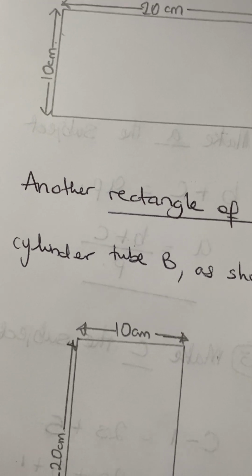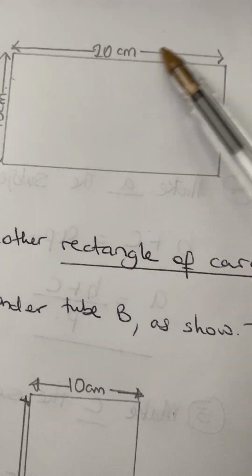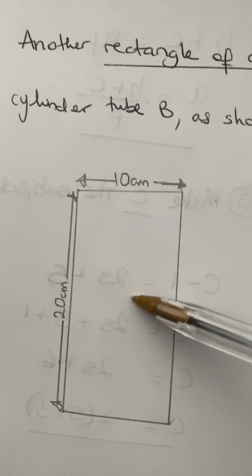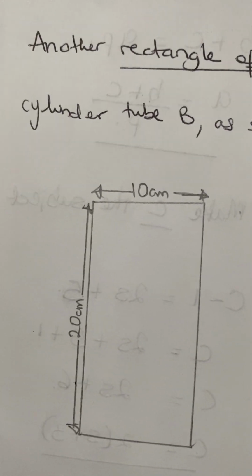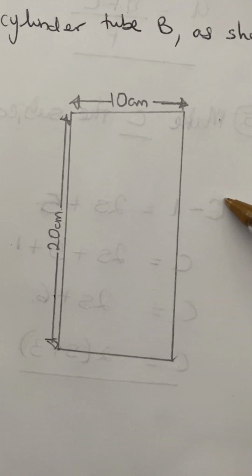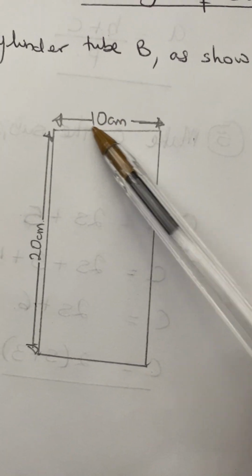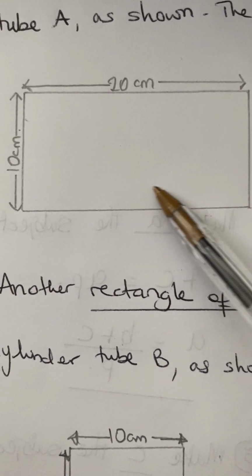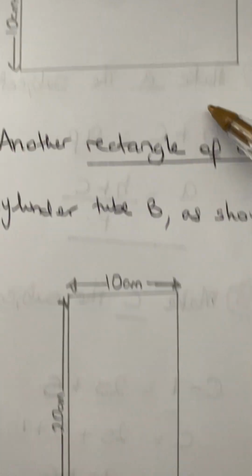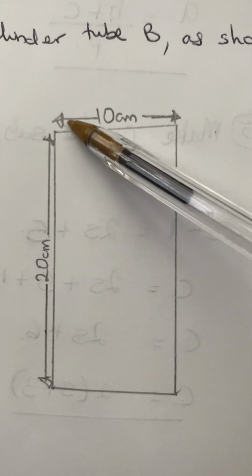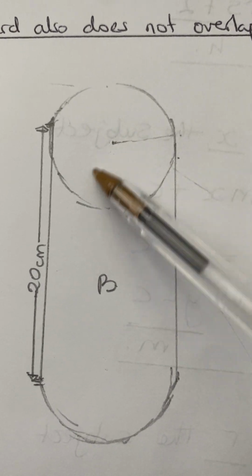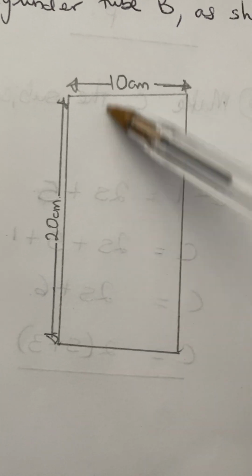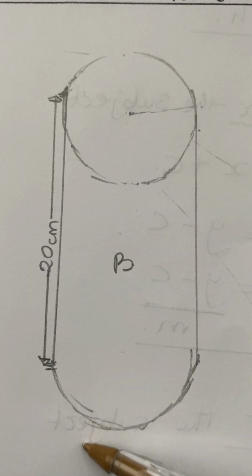The same card rectangle, because if you find the area of both rectangles, the area will be the same. So this one is in this form, the first one is in this form. And the other one is also 20 by 10, and they've also made a cylinder out of that. But this time around the long part, and it's not overlapping.